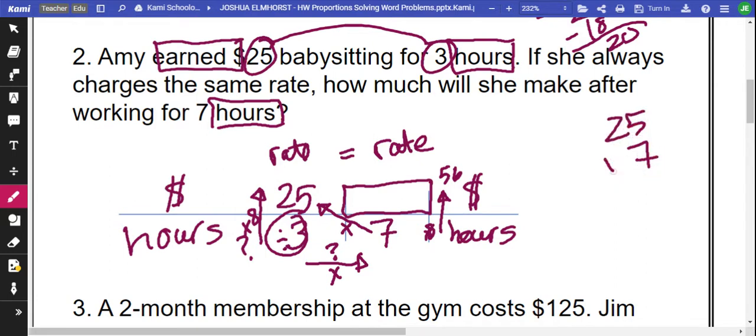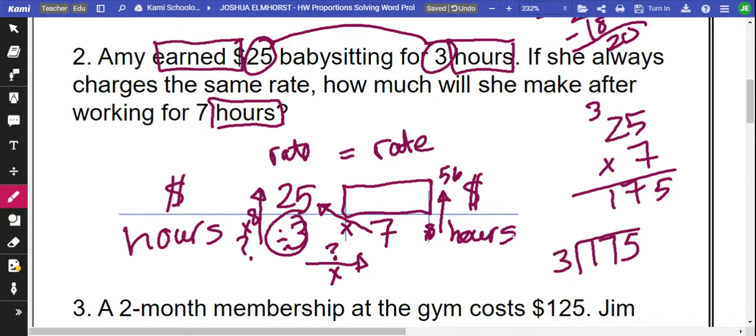So 25 times 7. 7 times 2 is 14. 15, 16, 17. So here we have 175. And we're going to divide by 3 to find the missing cost. So 3 goes in there 0 times, 3 goes into here 5. 5 times 3 is 15. Bring the 5 down. 3 goes in here 8 times. 8 times 3 is 24.